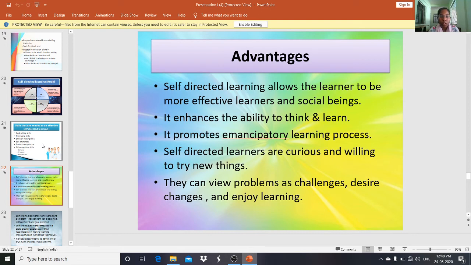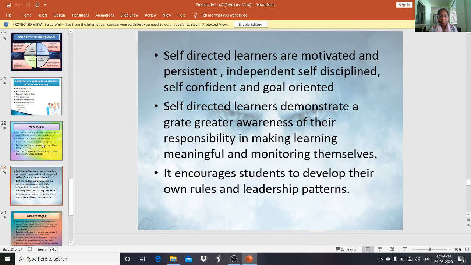Next, what are the advantages of self-directed learning? Self-directed learning allows learners to be more effective learners and social beings. It enhances the ability to think and learn, and promotes an emancipatory learning process. Self-directed learners are curious and willing to try new things. They view problems as challenges, desire change, and enjoy learning.